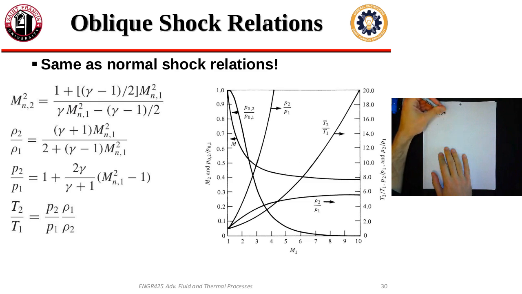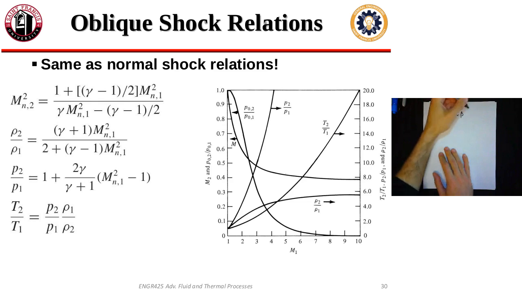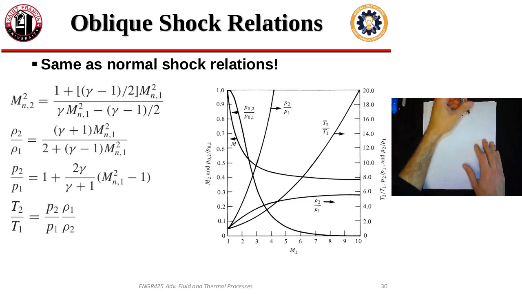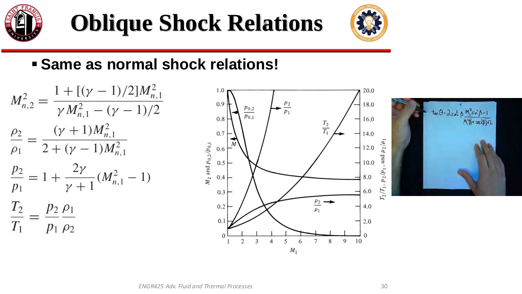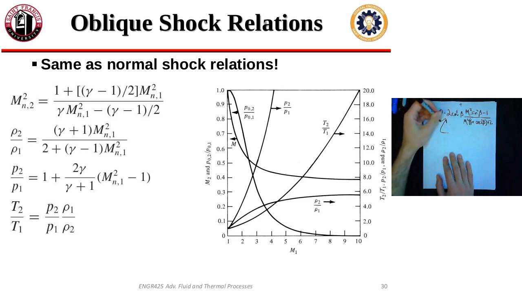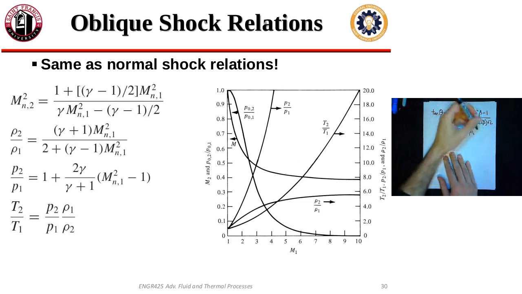It's somewhat obnoxious. And thankfully, you don't have to worry about this, sort of. So this is what's called the theta beta M relation.